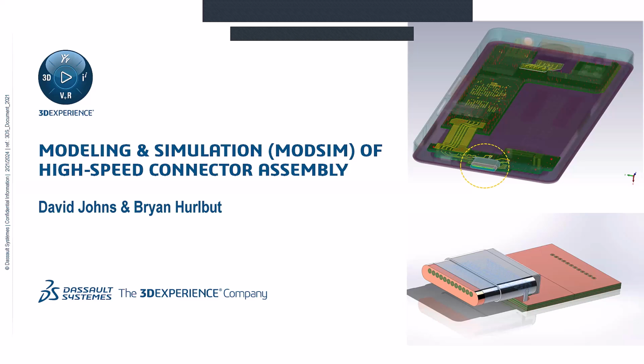I'm going to demonstrate this through the design of a high-speed connector, which we actually needed to upgrade our smartphone reference model. The first iteration or design of the smartphone model was using lower speeds, and nowadays speeds are a lot faster.